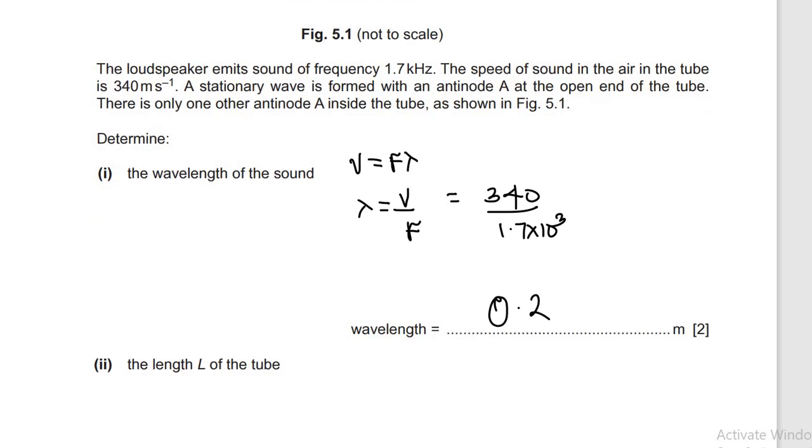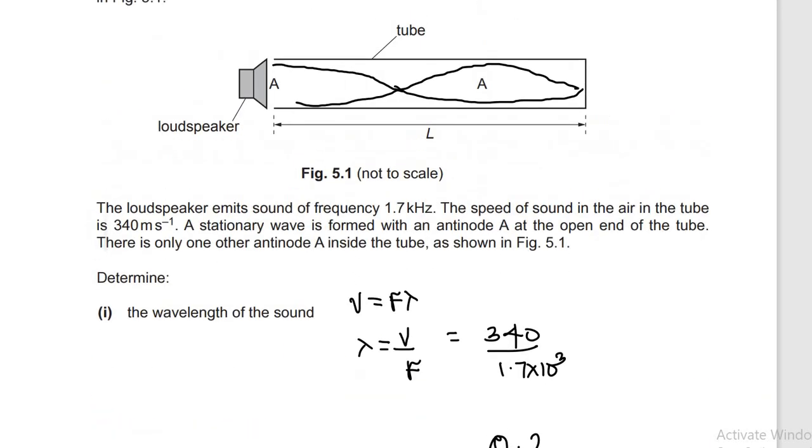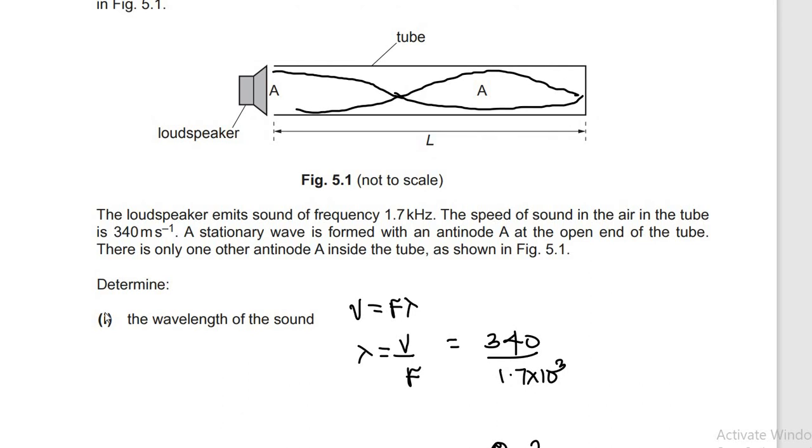The second question, we have to determine the length of the tube. The length of the tube, look at it here, is equivalent to this. This is antinode, this is node, antinode, this is node. How many? Antinode to node is 1, node to antinode, the same thing, 2, antinode to node, 3.